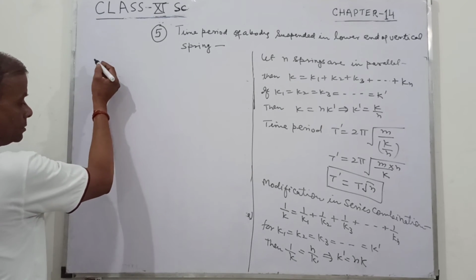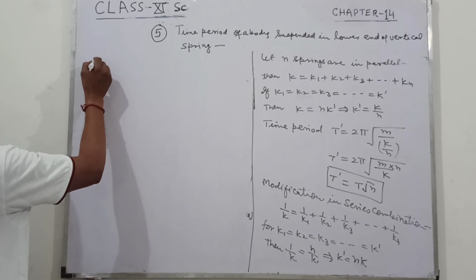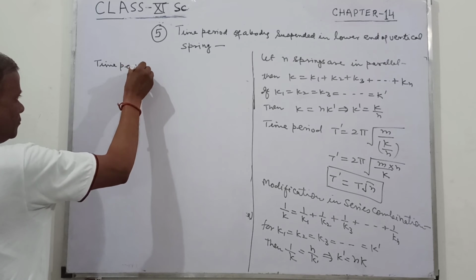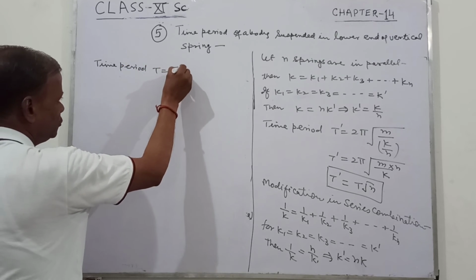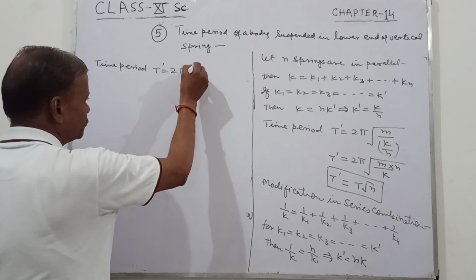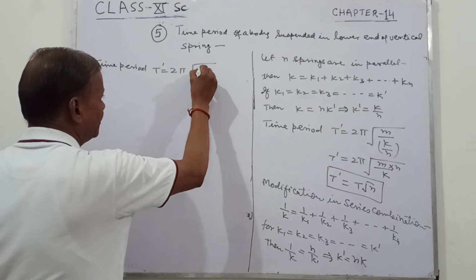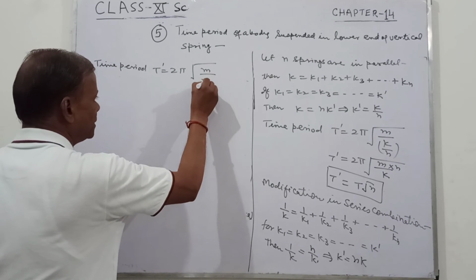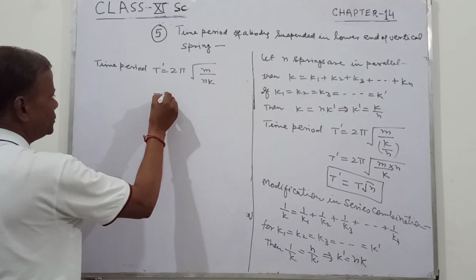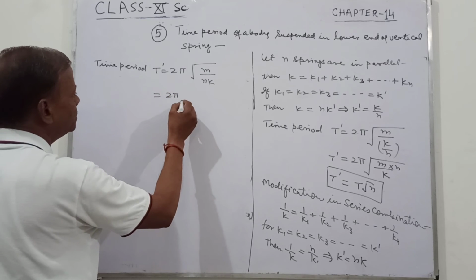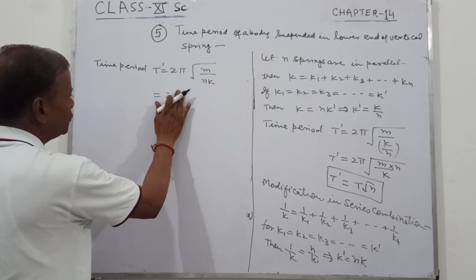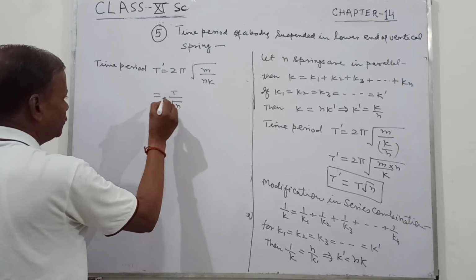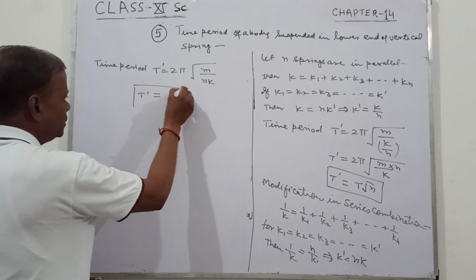So this time period T dash equal to 2 pi square root of m upon, now here we will use this K upon n, so this is equal to 2 pi square root of nm upon K, then you can see from here that this T dash equal to T root n.